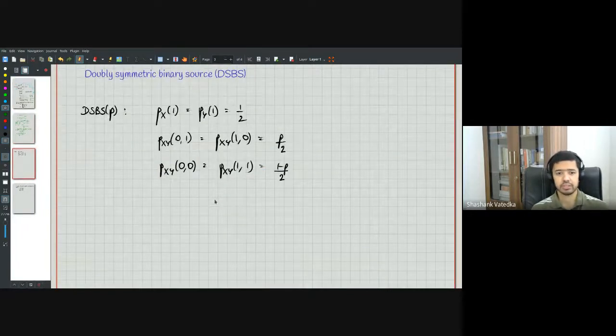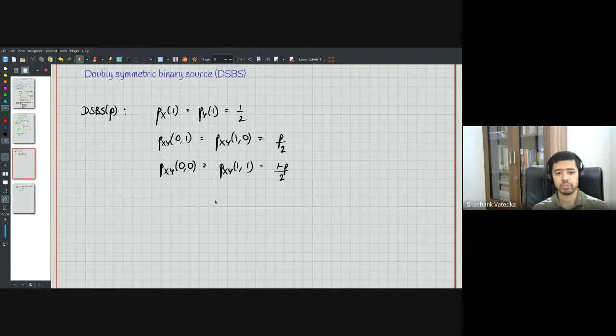So let's take the following pair of sources, called the doubly symmetric binary source, and it's as follows. X^n is IID Bernoulli half. The marginal of Y^n is also Bernoulli half, but X^n and Y^n are correlated.